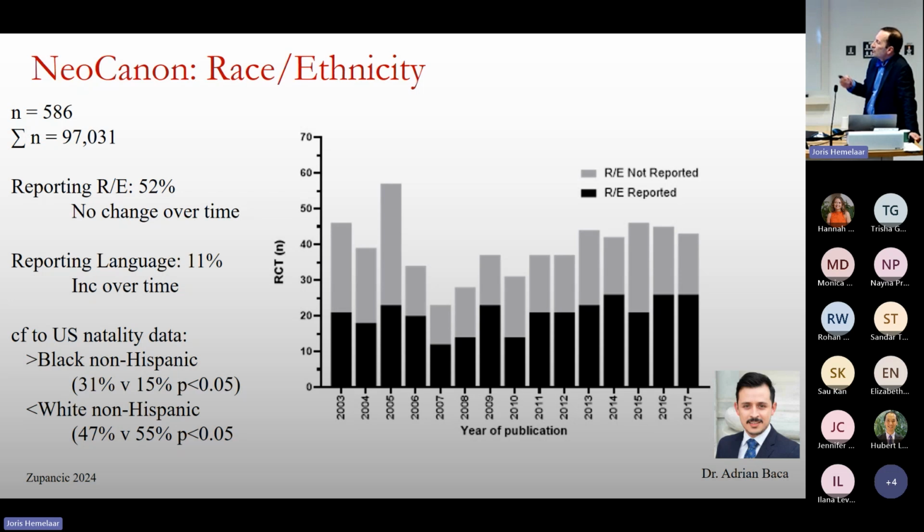And when he compared the reported race and ethnicity over time to U.S. natality data from the CDC, from census, he found that Black non-Hispanic individuals in the U.S. were overrepresented in studies by a factor of almost 2.